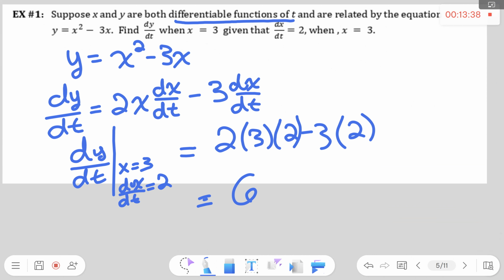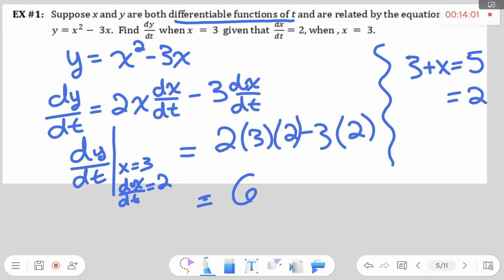You said you can put an equal sign underneath that equal sign and it'll still work? Yes, you're fine. The only time you can't do this is when I start doing math operations. What I can't do from here is say that, because they don't know how you got there.